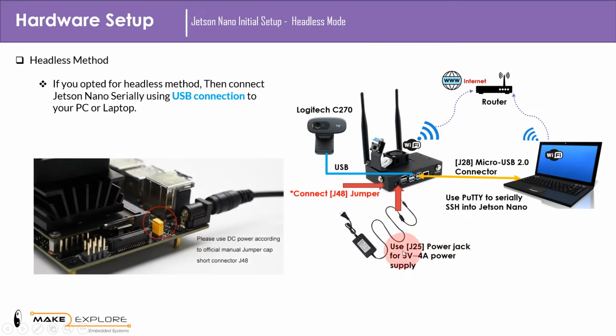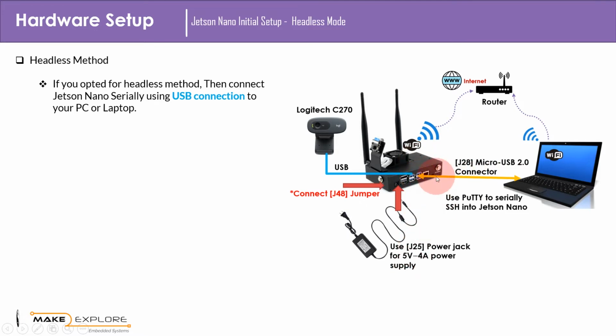This will enable this J28 micro USB connector in serial device mode. This is the headless method, so there will be no monitor display. We should connect Jetson to our laptop by using USB serial method to access it using the serial port. We will power Jetson Nano with this 5 volts 4 ampere DC power supply to this J25 barrel jack.